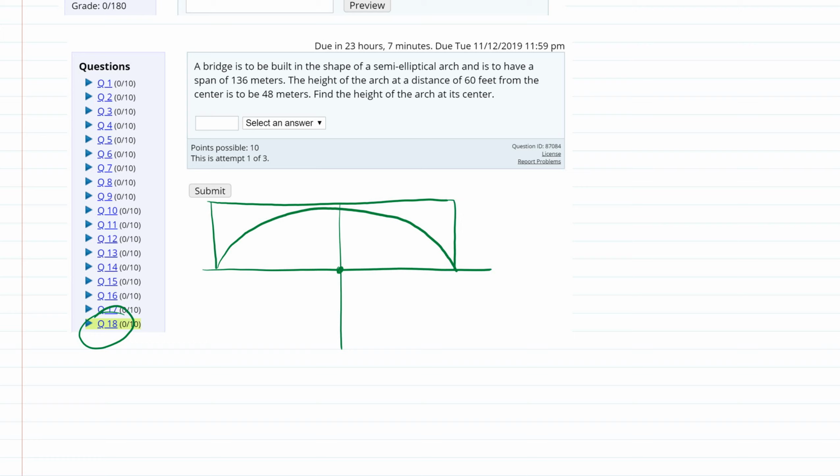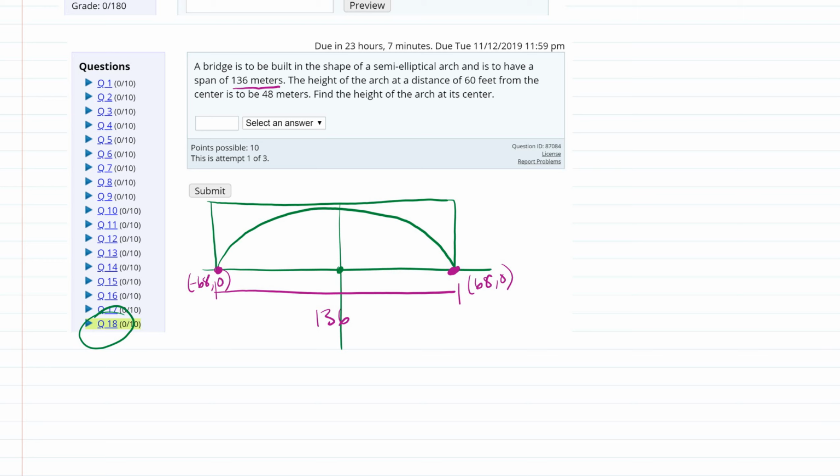That means this distance here is 136. 136 divided by 2 is 68, so this point right here is at 68, 0, and this point right here is at negative 68, 0.